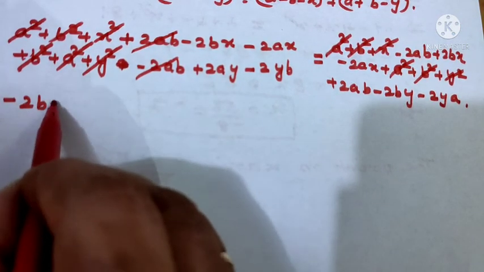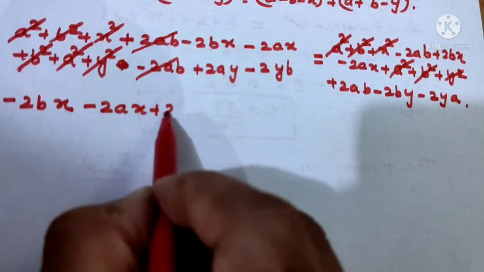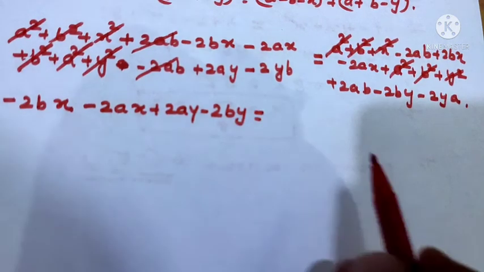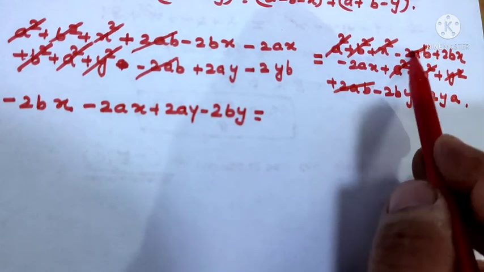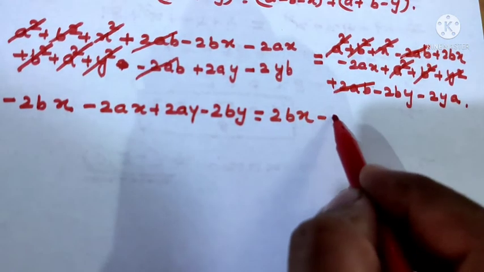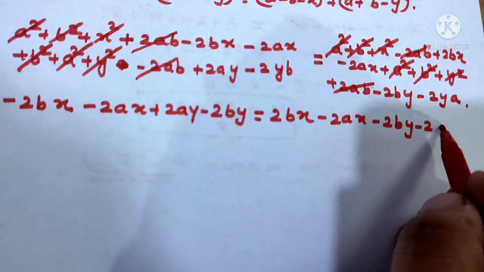Minus 2bx minus 2ax plus 2ay minus 2by. Now let us see here, minus 2ab and plus 2ab, it will get cancelled. So what is remaining here? 2bx minus 2ax minus 2by minus 2ay.